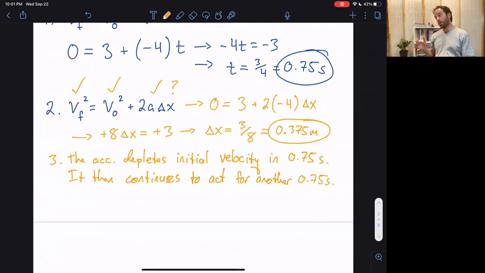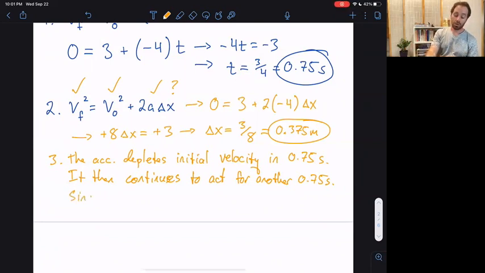Now think about it. If the initial 0.75 seconds is enough to bring the ball to rest, then continuing to act for the same amount of time in the same direction should launch the ball with the same exact velocity, but in the opposite direction.